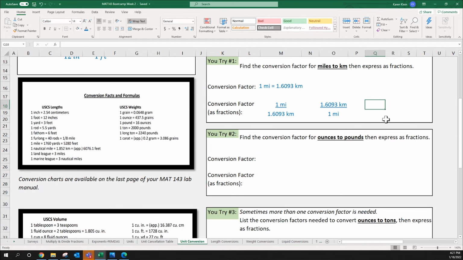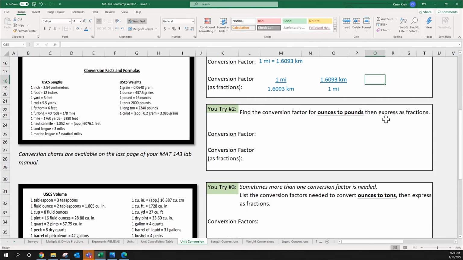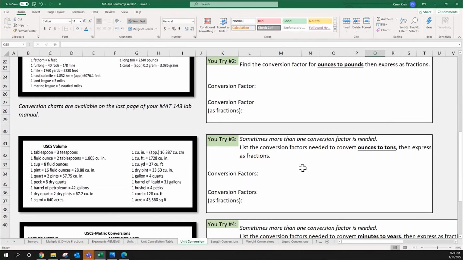I'm going to jump down to number 3 because it says that sometimes more than one conversion factor is needed. If we want to convert from ounces to tons, we're going to try to find the conversion factor. If you find it, post it in the chat. What are the conversion factors I'm going to need?